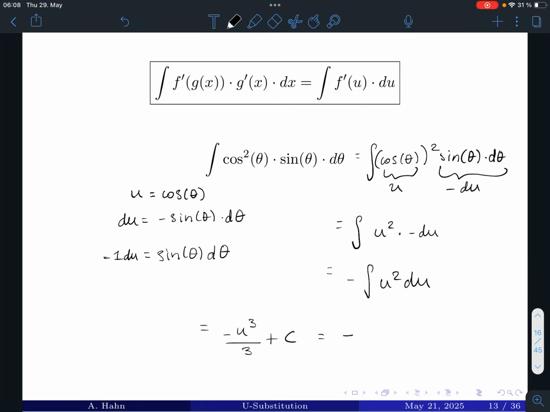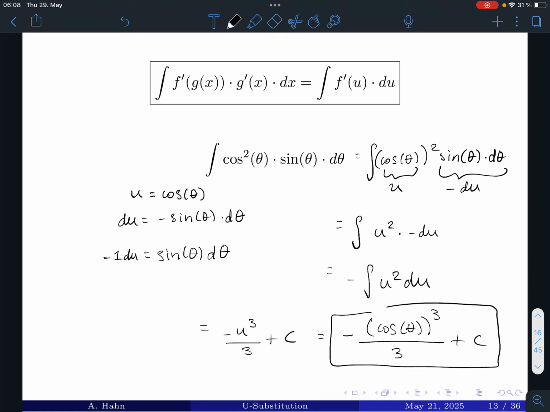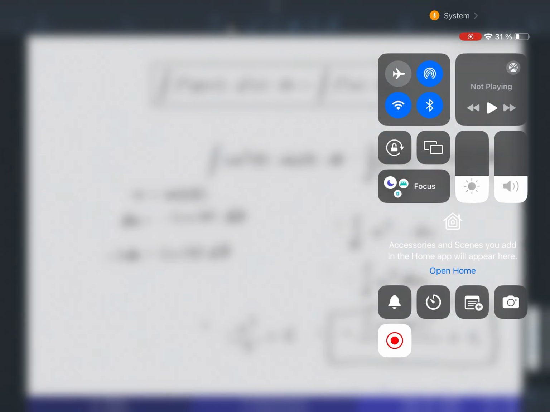And then this is going to be negative, our u was cosine of theta, so this is negative cosine of theta cubed over 3 plus c. All right.